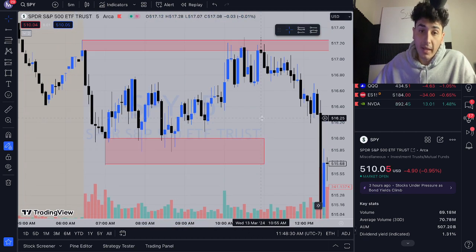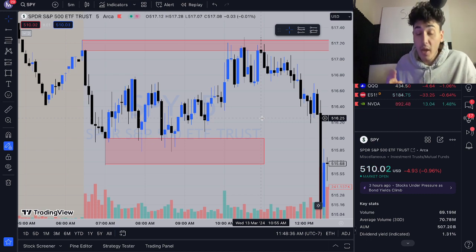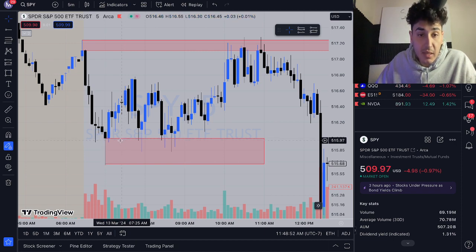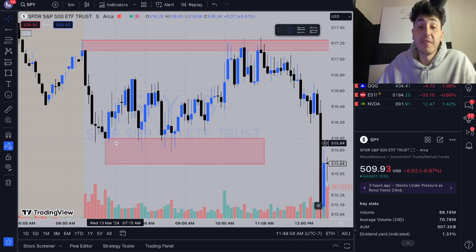So like I said, you can kind of choose from the both. Honestly, I would realistically recommend drawing out the wick that's larger. Keep in mind, you're going to be on a 5 minute time frame. You want to draw out the wick that's larger. Because like I just showed you, if we were to only draw off that wick, the zone would start at 516 and then end at 515.95.